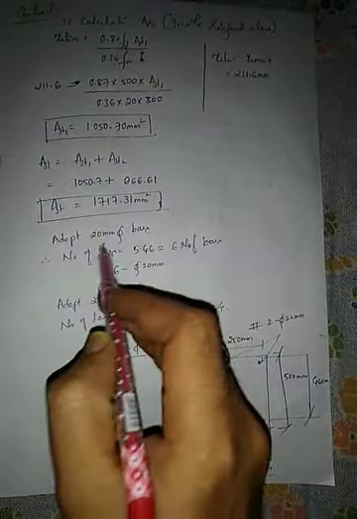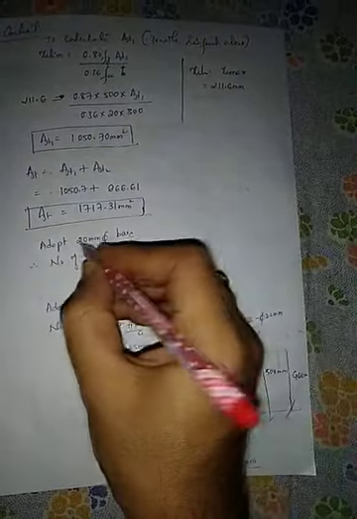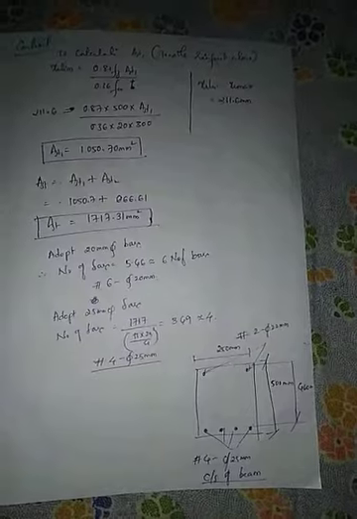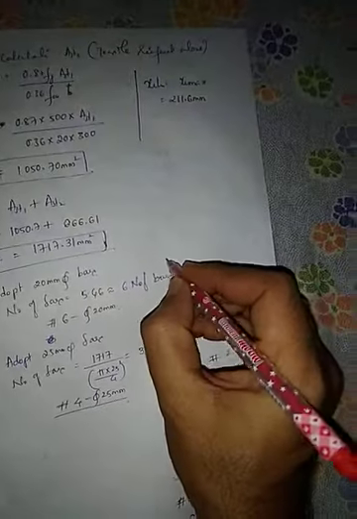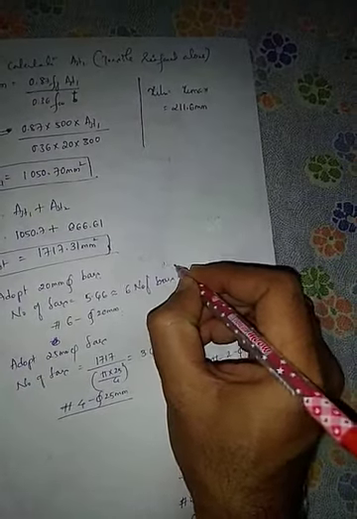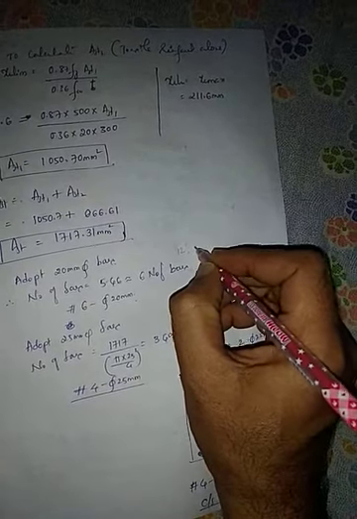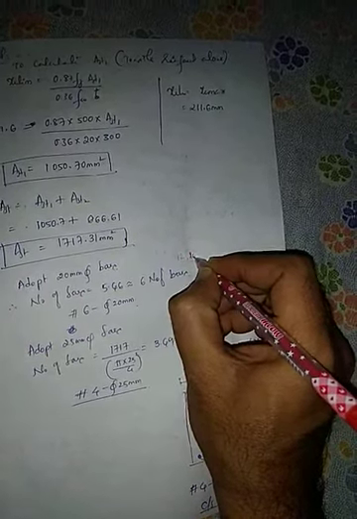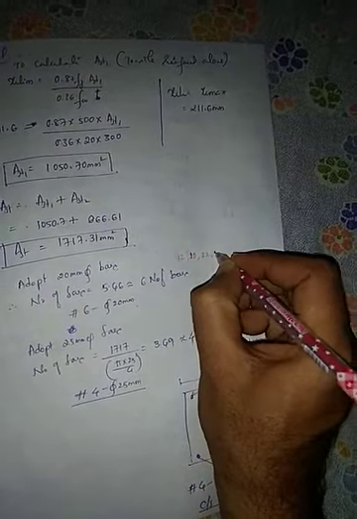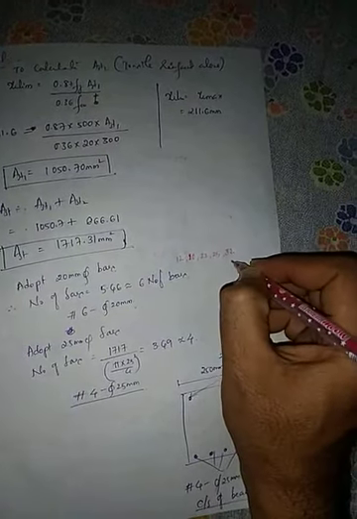Adopt any diameter, it may not be 20. You can adopt any number of bars, no problem. Usually we will adopt from 12, and then sometimes we can adopt 14 and 16, and next 20 mm, 22, 25, 32.